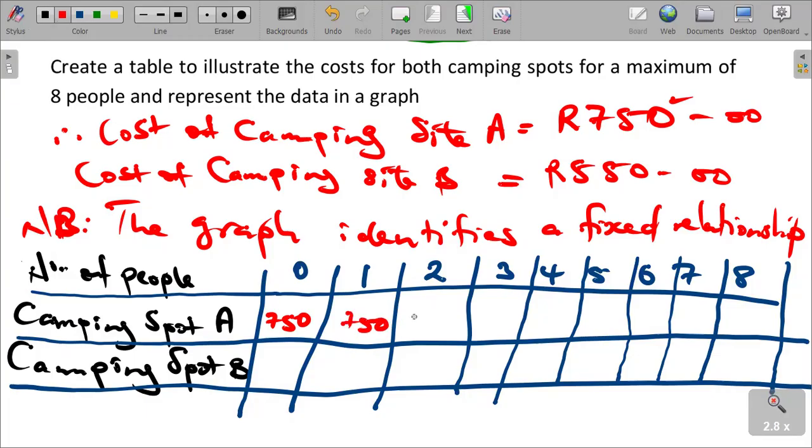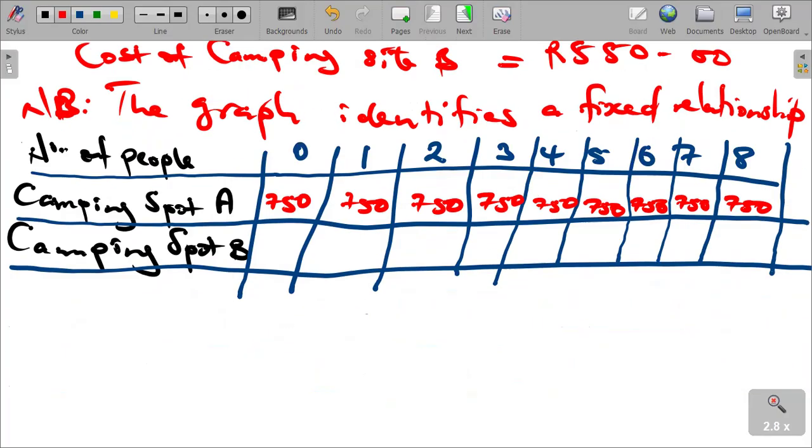If there are 2 people, it is 750. It's going to be 750, 750, 750, 750, 750. This is a constant relationship. So the price does not change regardless of the number of people.